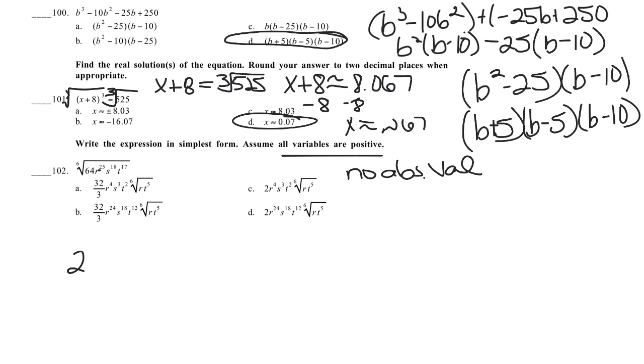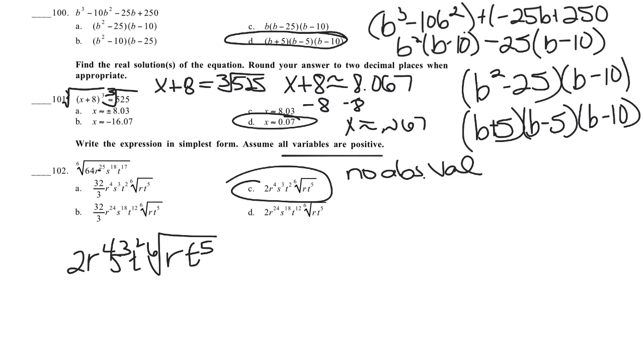And now remember, I just divide 25 by 6, so that's r to the 4th, but 1 r stays inside because it doesn't go in evenly, right? 25 divided by 6 is 4 with remainder 1. 18 divided by 6 is 3, so s cubed goes outside. 6 goes into 17 twice with 5 left over, so that's t squared outside and t to the 5th on the inside. So that leaves me with the letter C. Okay, these numbers should not be the same as what they were when they were inside. So that's definitely not the right answer.